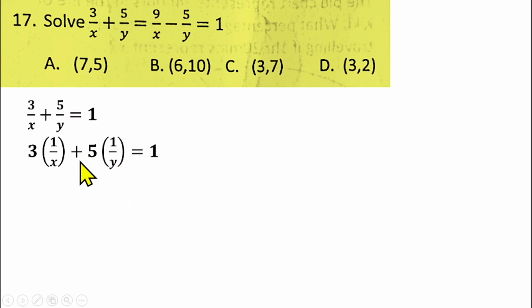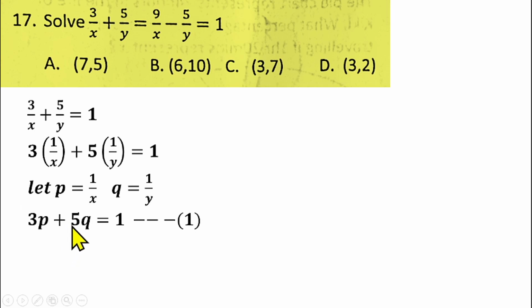So we can now call 1 over x and 1 over y another variable. Let p be 1 over x and q be 1 over y, so that it gives us a simple equation to solve. Replacing these, I have 3p plus 5q equals 1. Call that equation 1.